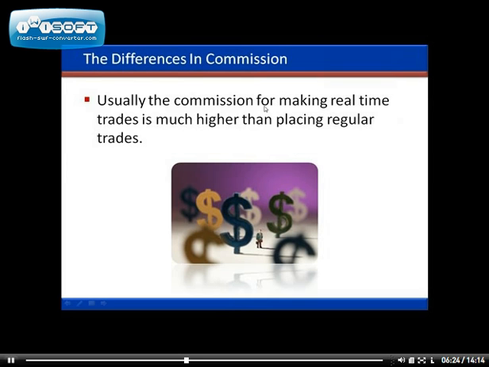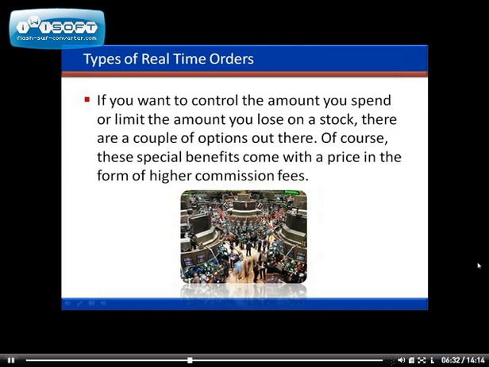So usually you will pay a special commission for making real-time trades versus regular trades. There are a couple of types of real-time orders. If you want to control the amount that you spend or limit the amount that you lose on a stock, there are a couple of options out there. And of course, these special benefits come with a price in the form of higher commission fees.